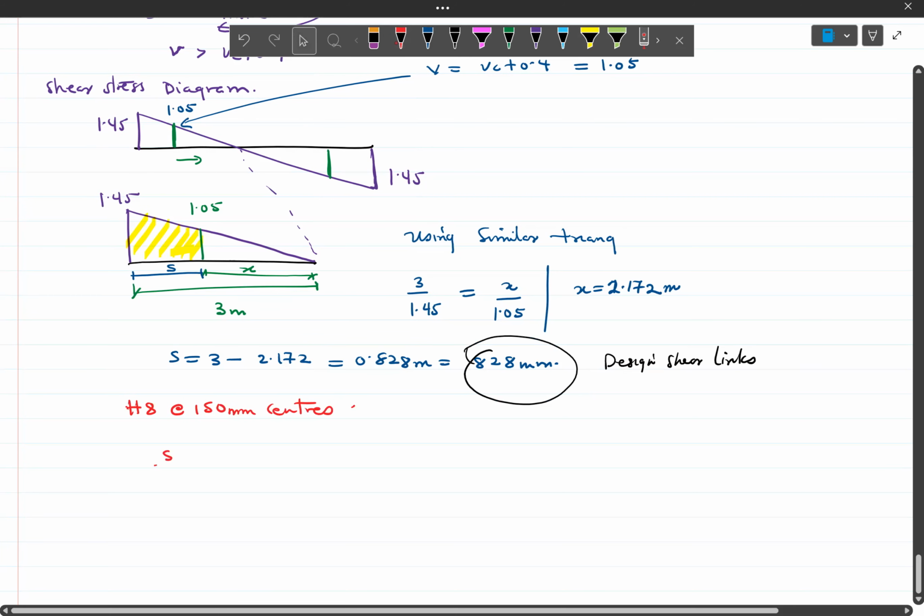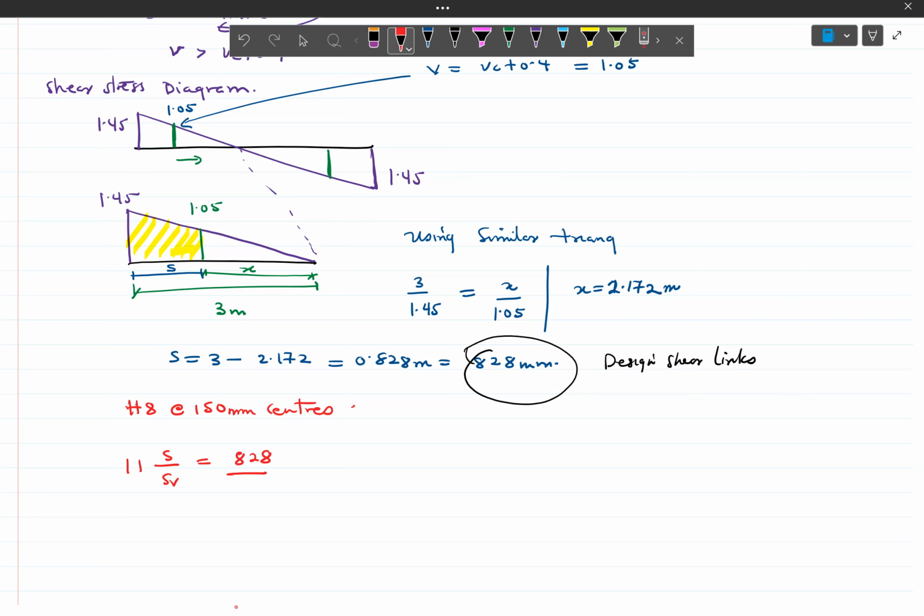So I'll divide S by 150. So it's more or less like dividing S by SV. So it becomes 828. So it's usually 1 plus, if you want to know the number of rebars. So let's say the number of rebars is always 1 plus S over SV. Okay.